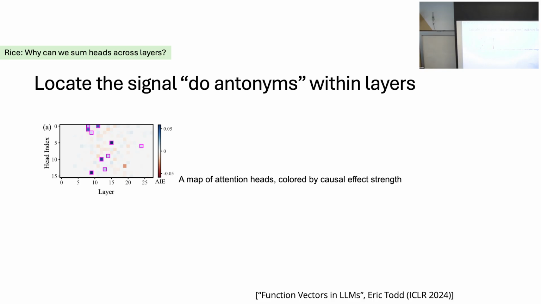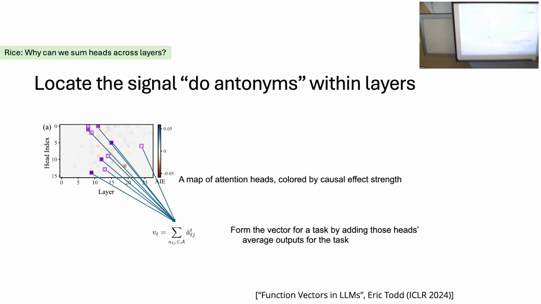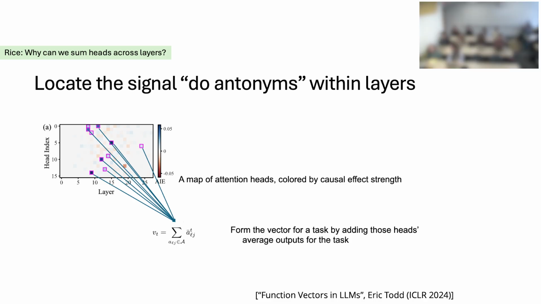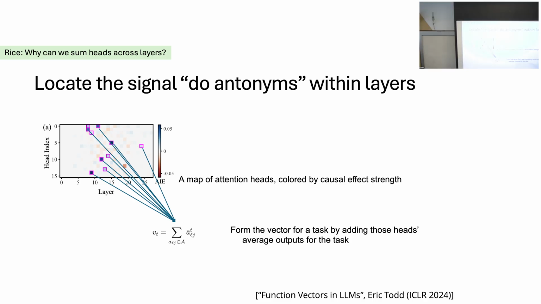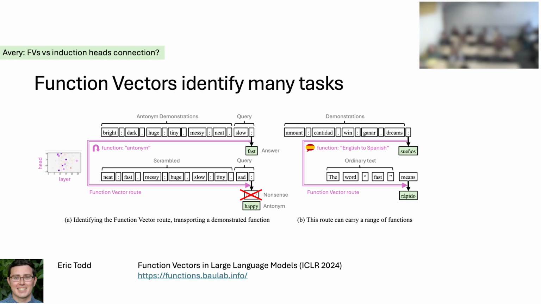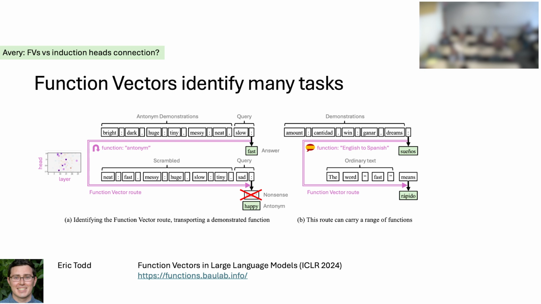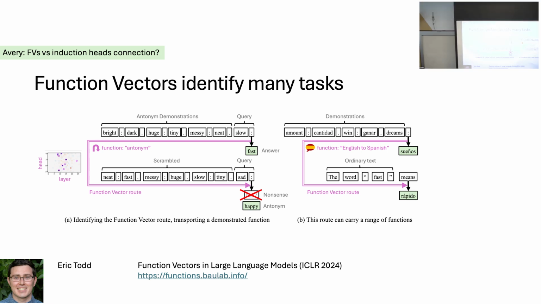After we found those attention heads, we summed up all of their effects by patching them over all at once. And when you do that as a gang, they do have very serious causal effects. You can transport the idea that you have to do antonyms from one place to another by transporting all these attention heads at once.